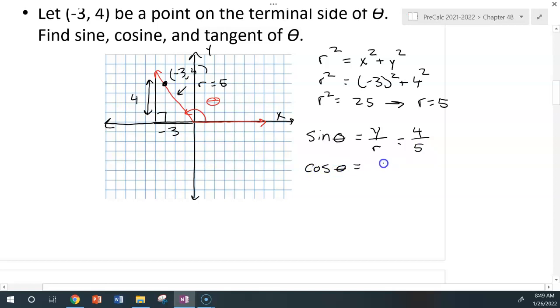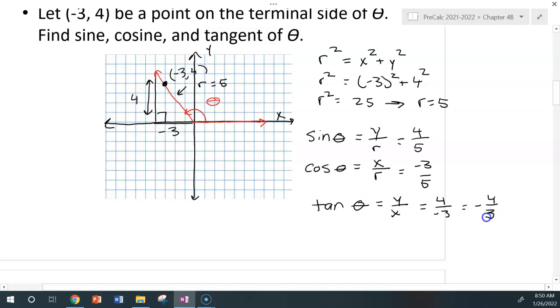Cosine of theta is x over r, so that's going to be -3 over 5. And tangent theta is y over x, which is going to be 4 over -3. And you can just rewrite that as -4 over 3.